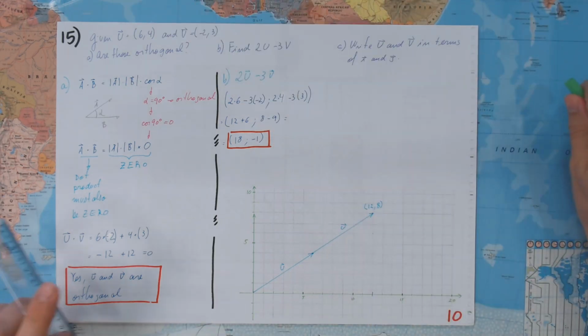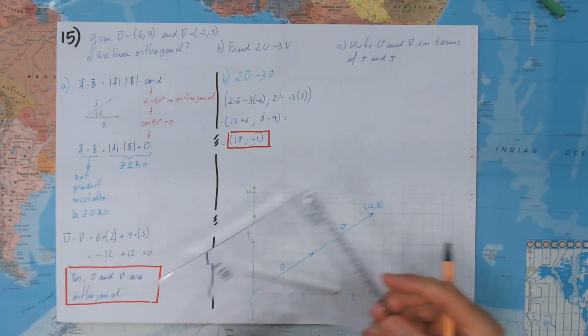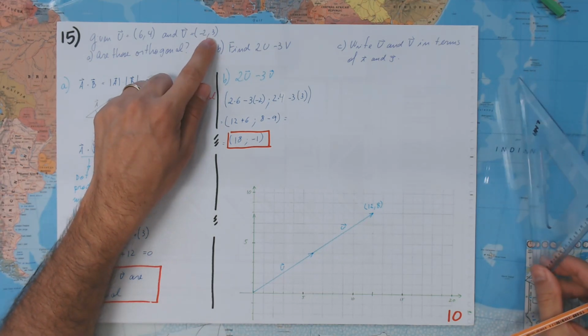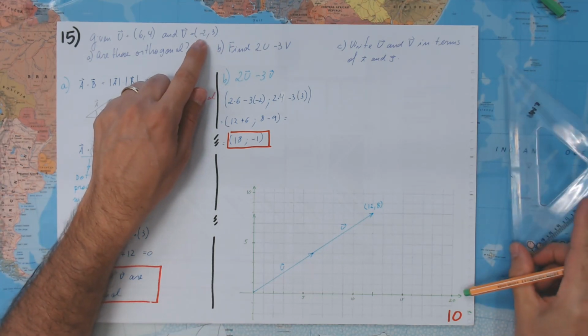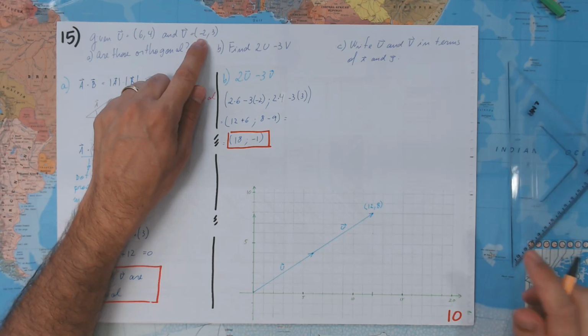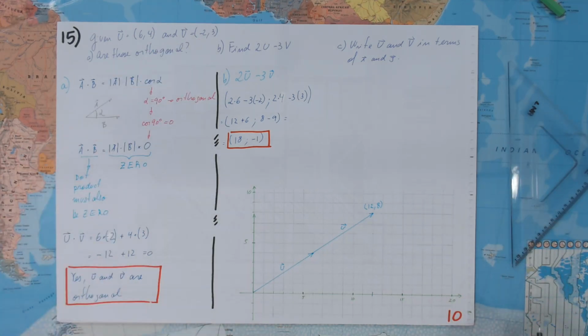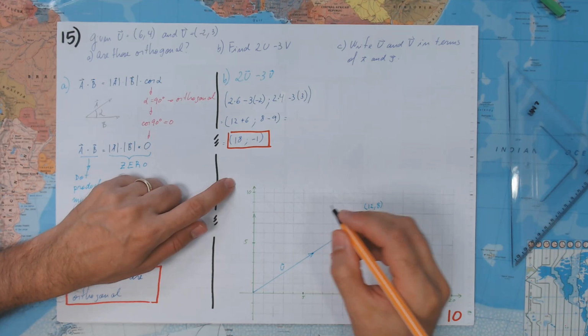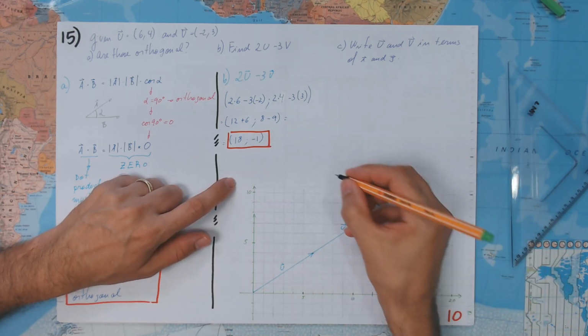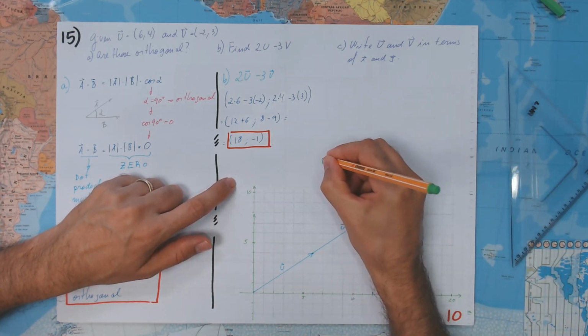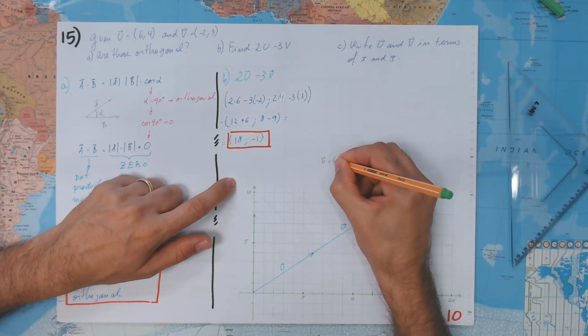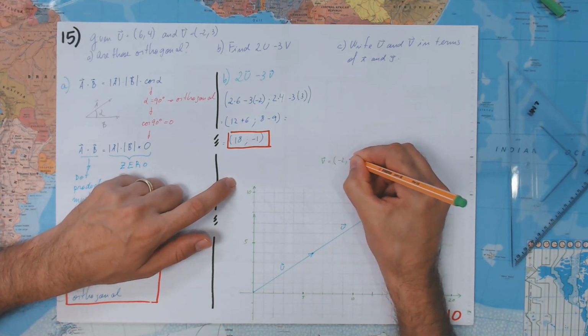Well, v is minus 2, 3. Therefore, minus v is going to be what? Let me write it like this. What is the vector? So v is going to be minus 2, 3.